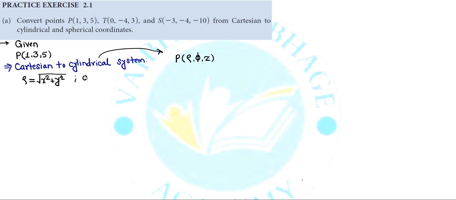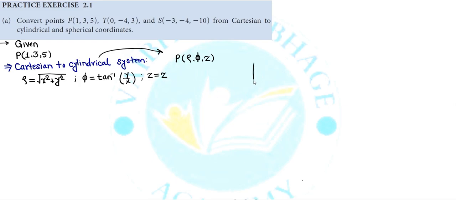Then we have phi. Phi is the tan inverse of y divided by x, and z is as it is for the cylindrical system.